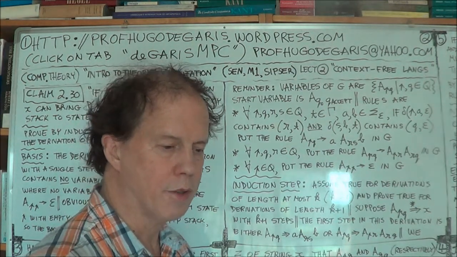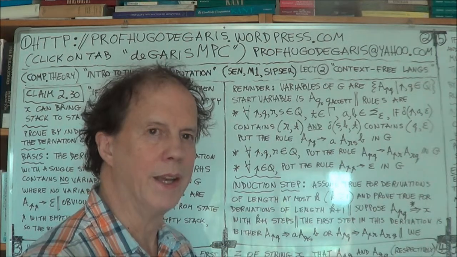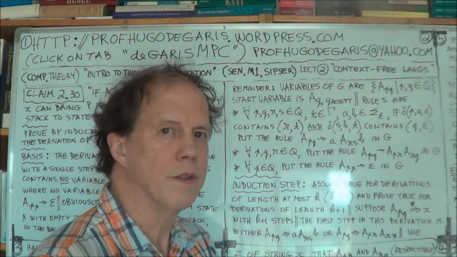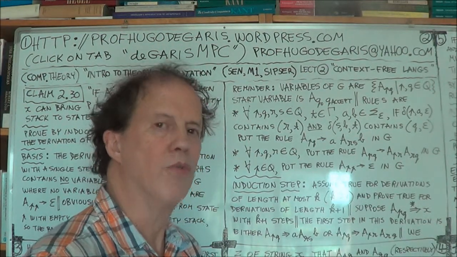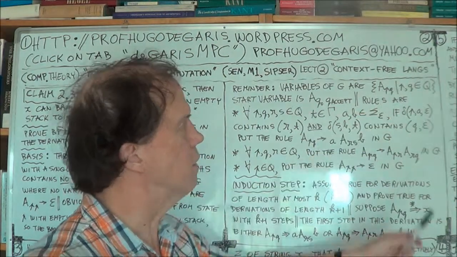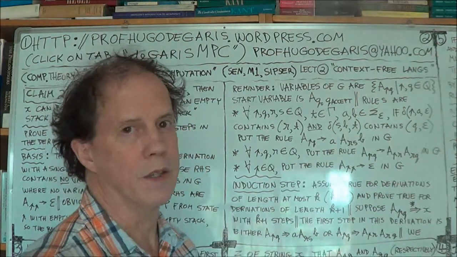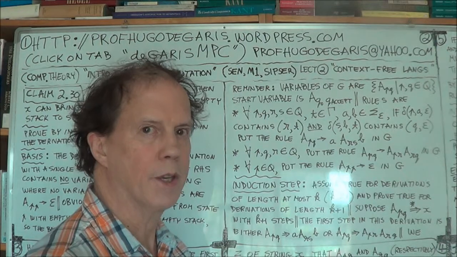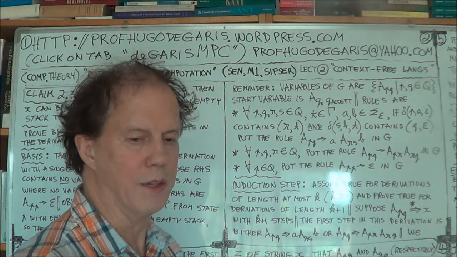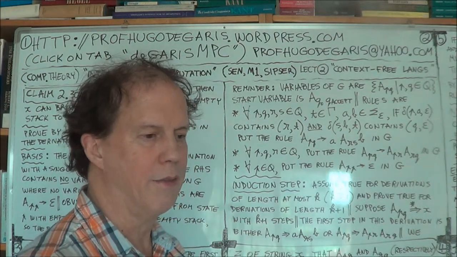All those substrings where the PDA starts in state P and ends in state Q are the same set of strings that this variable generates in the grammar. So if that happens, the machine and the grammar are behaving in the same way.